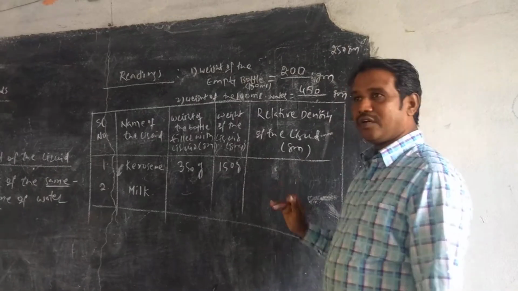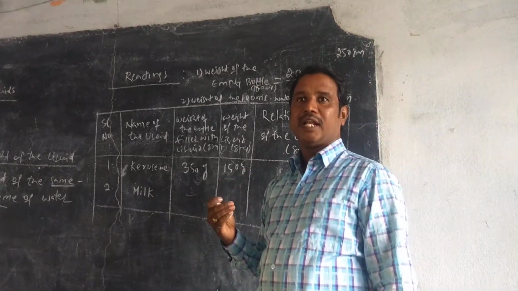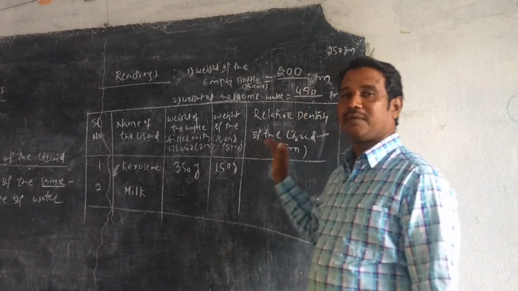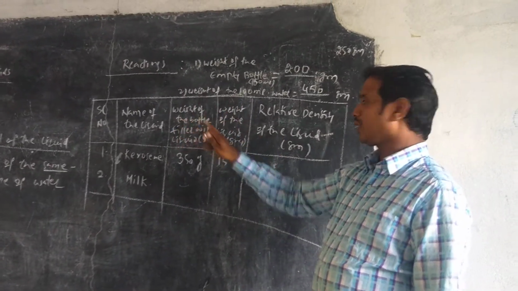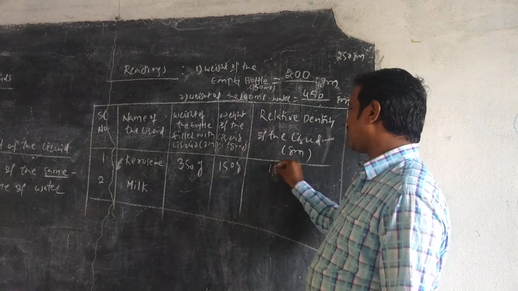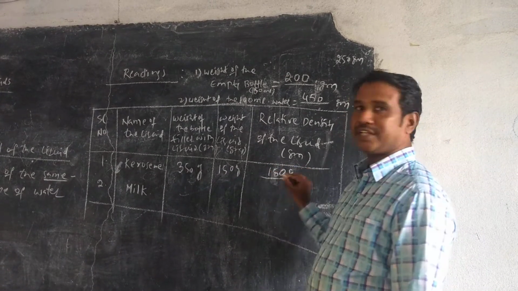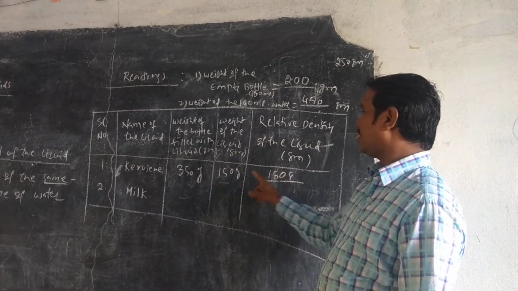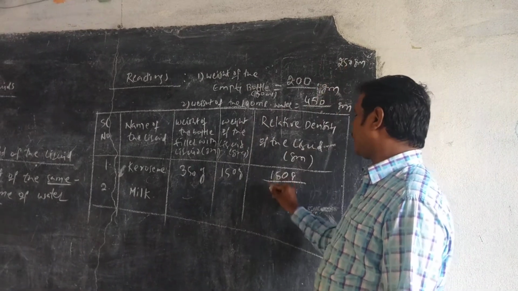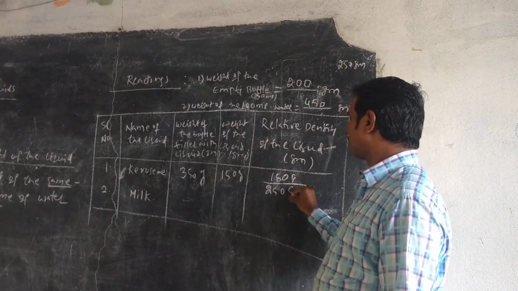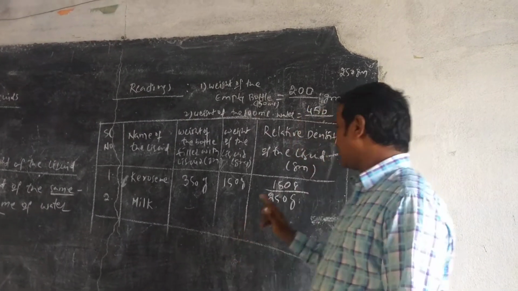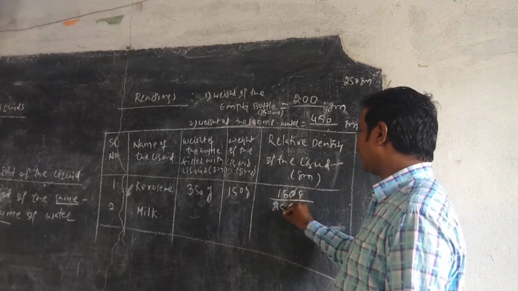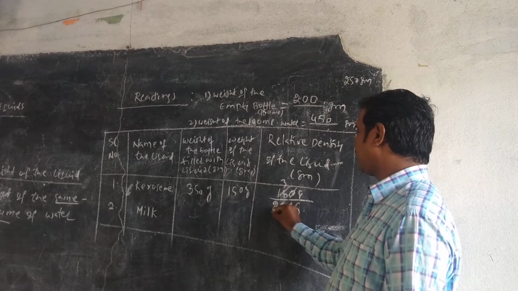Now we are going to find the final value of the relative density of kerosene with the help of the formula. What is the numerator? The weight of the liquid, 150 gram, divided by the denominator, the weight of the same volume of water, 250 gram. So 150 by 250, you can cancel: 5 threes are 15, 5 fives are 25.